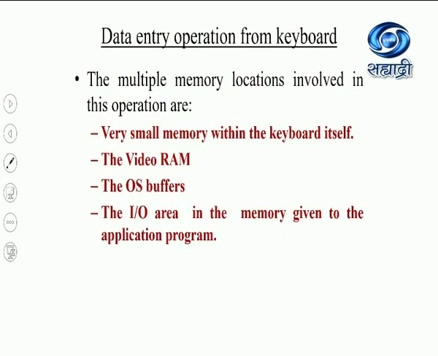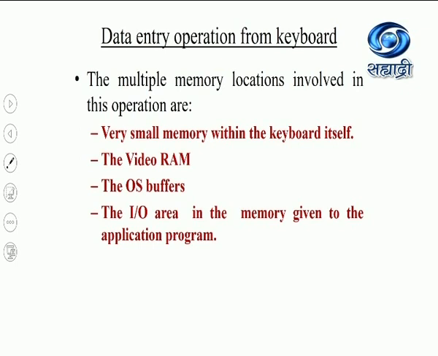Students, whenever data entry operation is done from the keyboard, you know that data entry is done for some program, and as we type the keys from the keyboard, they are displayed on the monitor also, and they are given to the program. Whatever data we enter, that is given to the program. Now in these operations, multiple memory locations are involved. Which are they? First is the very small memory within the keyboard itself.